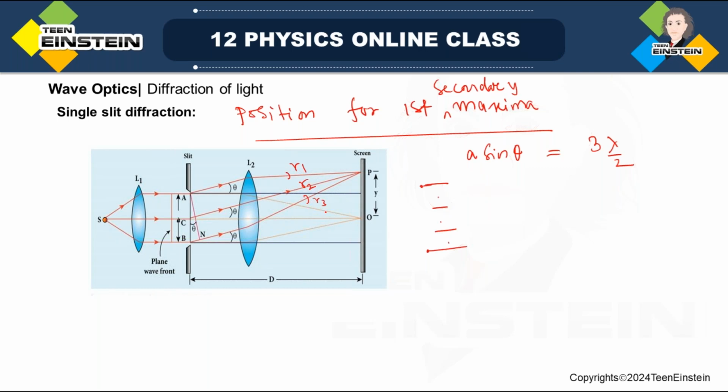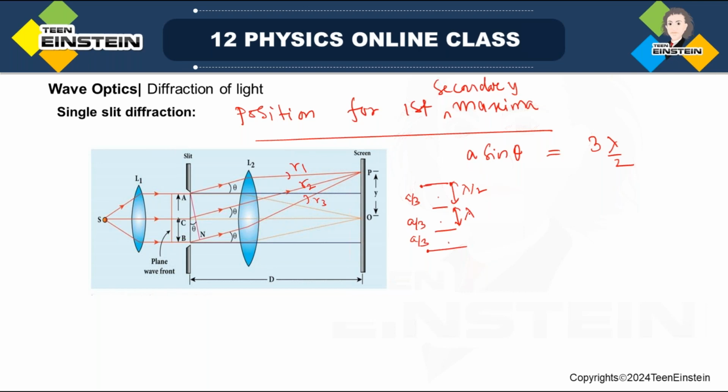So the path difference between R1 and R3 has to be 3 lambda by 2. If I divide them into equal parts, this is a by 3, this is a by 3, this is a by 3. So you look, the path difference for this will be lambda by 2.